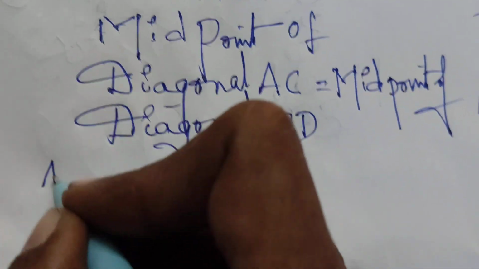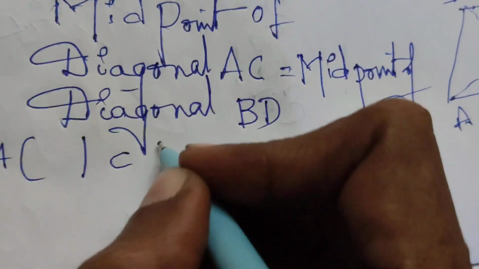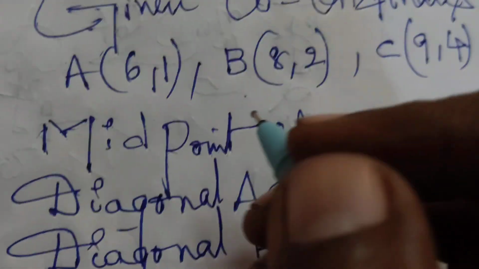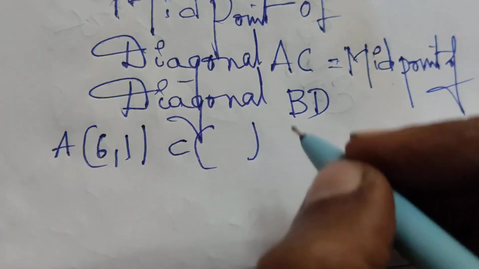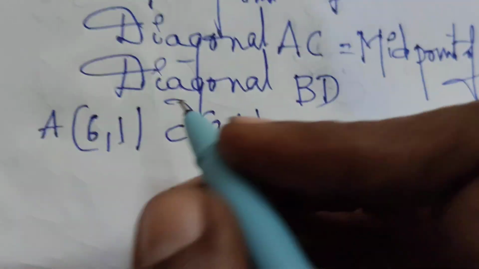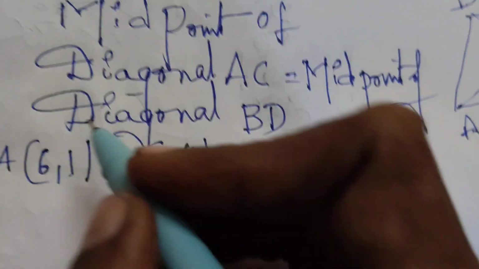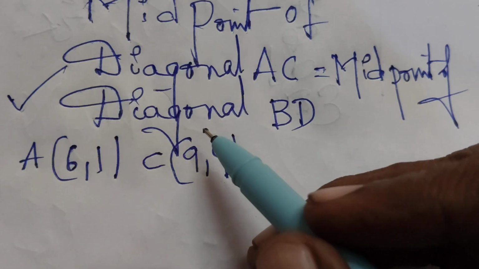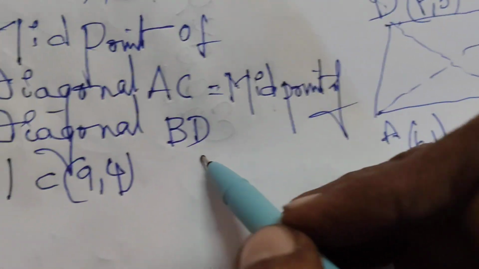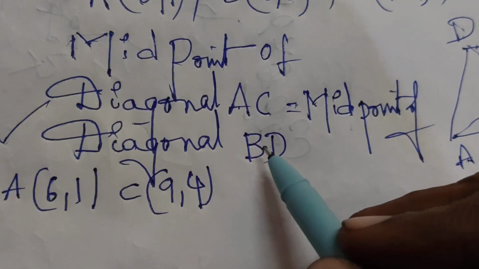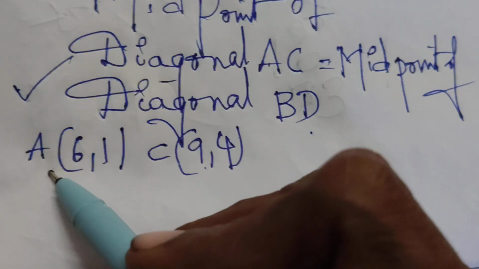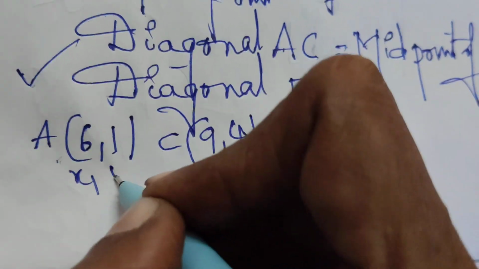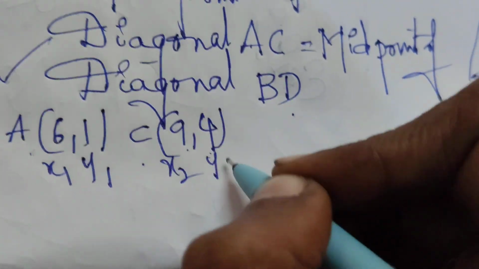Consider the A coordinates (6, 1) and the C coordinates (9, 4). This is (x1, y1) and this is (x2, y2).